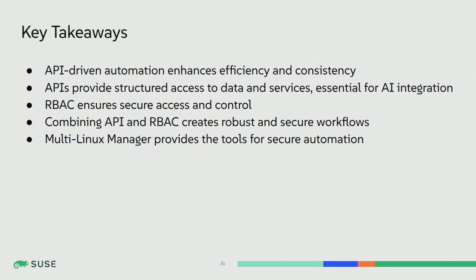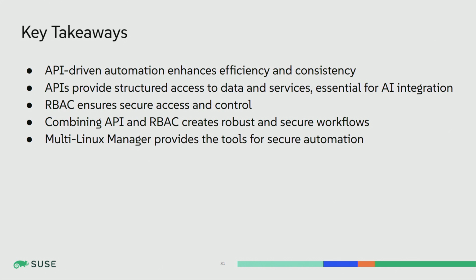APIs provide structured access to data and services essential for AI integration, which I just talked about. And together with the API, role-based access control ensures secure access and control for all your API interactions. It sounds a little more important after you consider the AI interaction example.